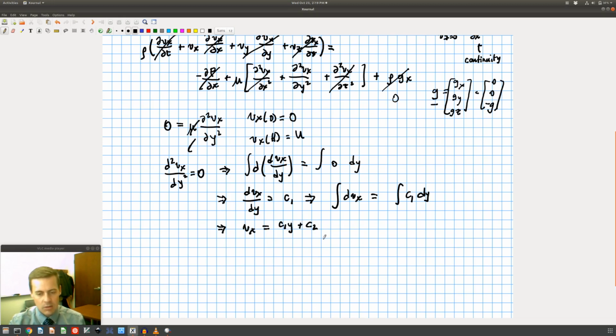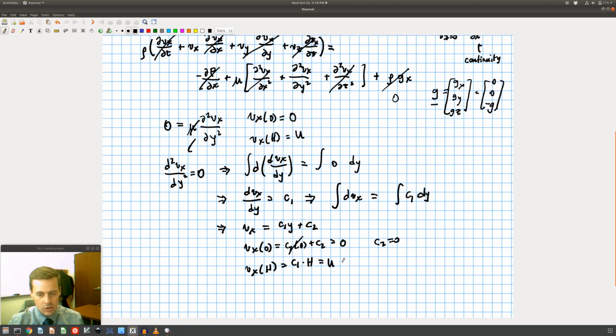And now I need to resolve these constants, which I use my boundary conditions to do. So I can evaluate these. Vx at 0, I plug in 0 for y, so I get c1 times 0 plus c2, and that is going to equal 0. Since that goes away, c2 equals 0. And then I take Vx at h, and I put c1 times h, and what does Vx at h equal?